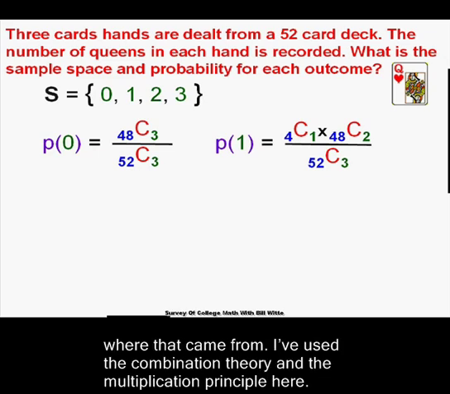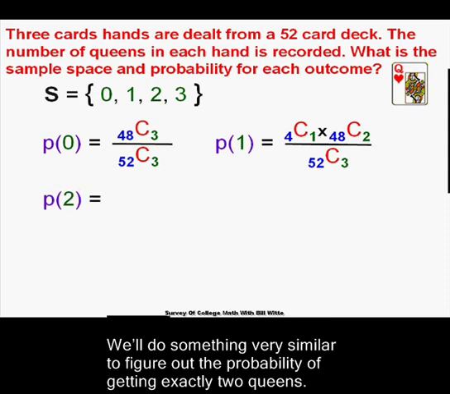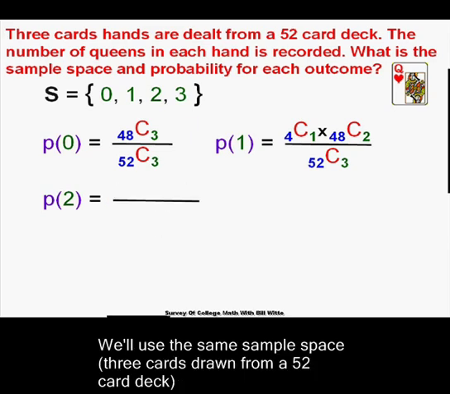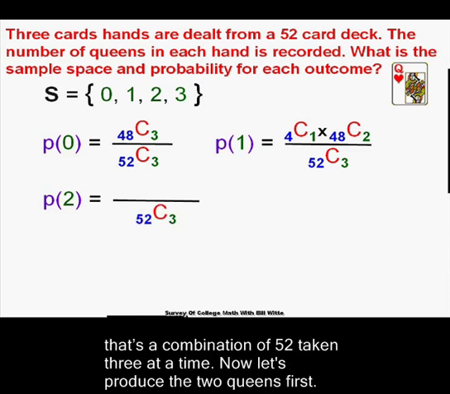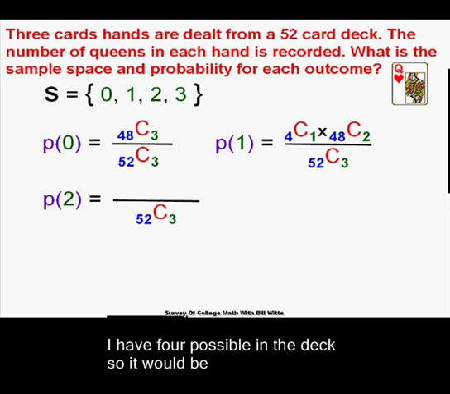Okay, we're going to do something very similar to figure out the probability of getting 2 queens. We'll use the same sample space: 3 cards drawn from a 52 card deck. That's a combination of 52 taken 3 at a time. Now, let's produce the 2 queens first. I have 4 possibles in the deck.